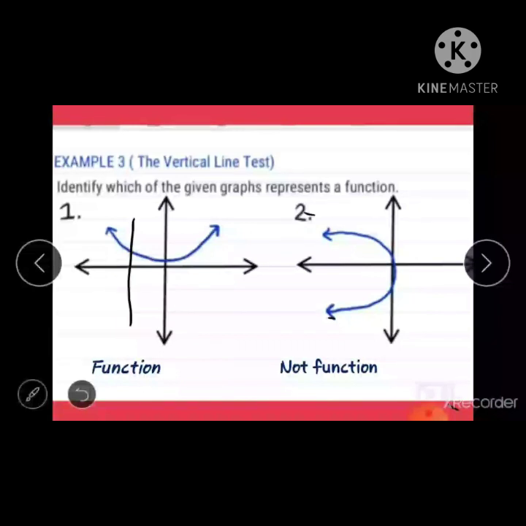How about example number 2? Put a vertical line here. It passes the graph here and here. So obviously, the graph in number 2 is not a function. Why? Because it passes the graph twice.